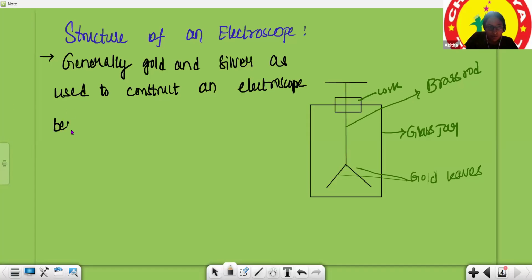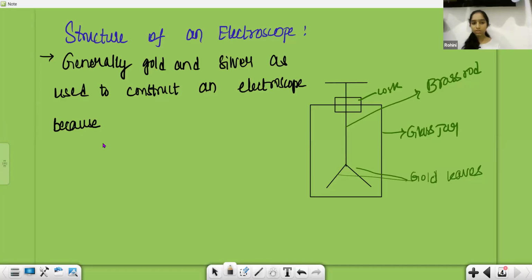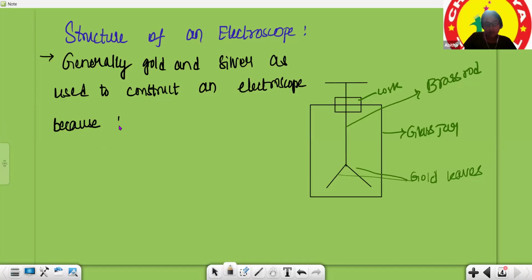Why, students, why are gold and silver used?